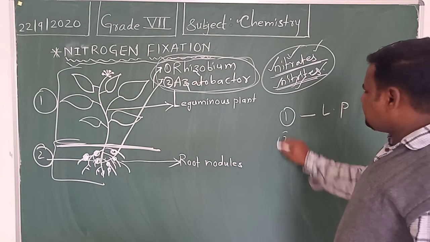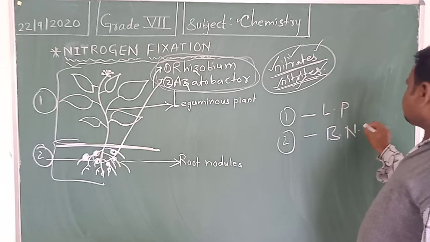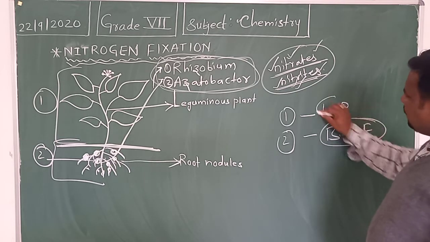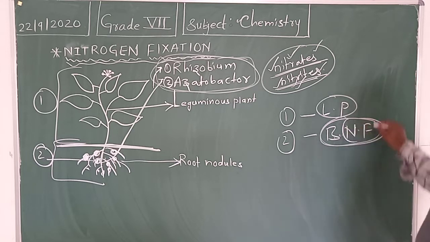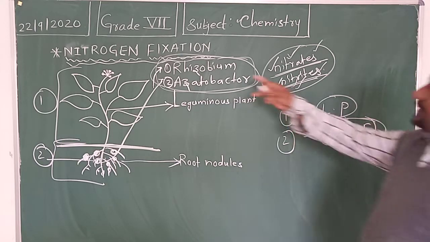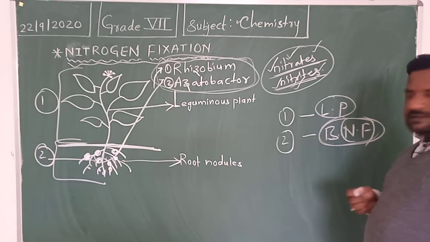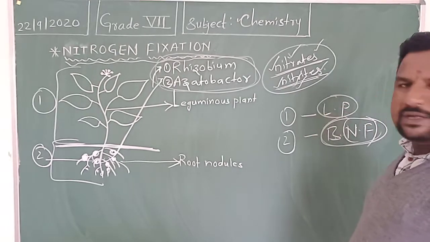What is the other organism? Bacteria. Which bacteria? Nitrogen fixing bacteria such as Rhizobium and Azotobacter. These bacteria are organism number two. The number one host is the leguminous plant.